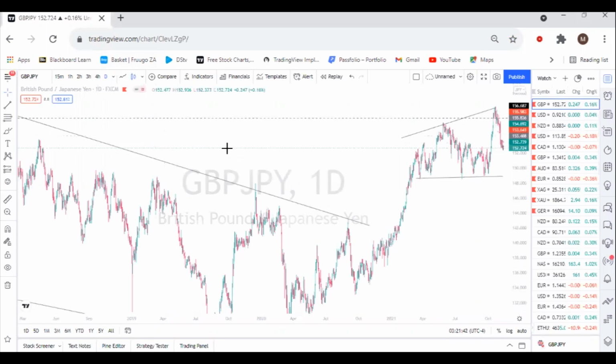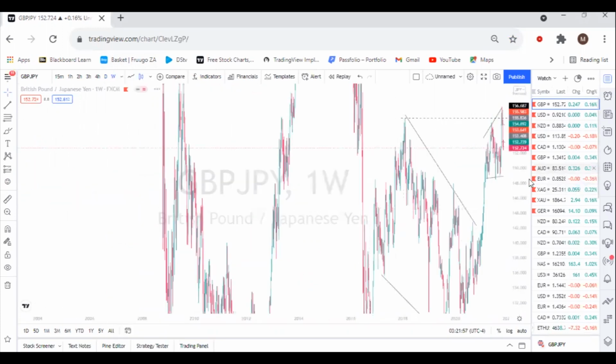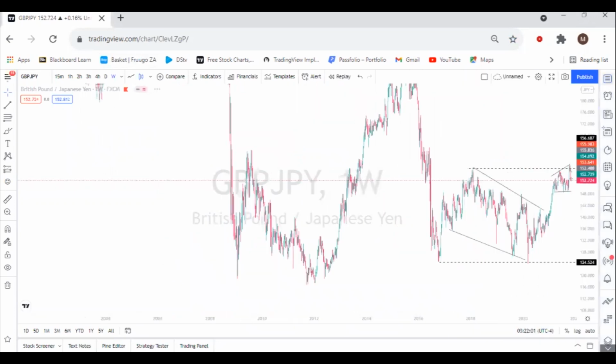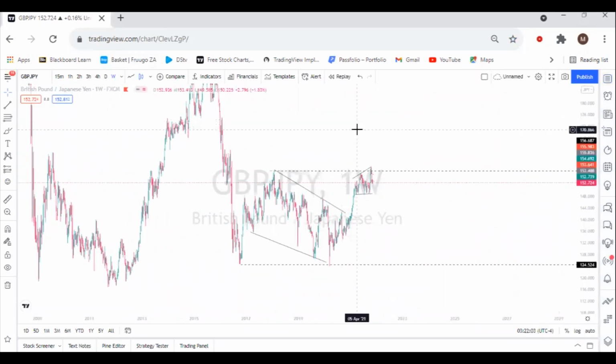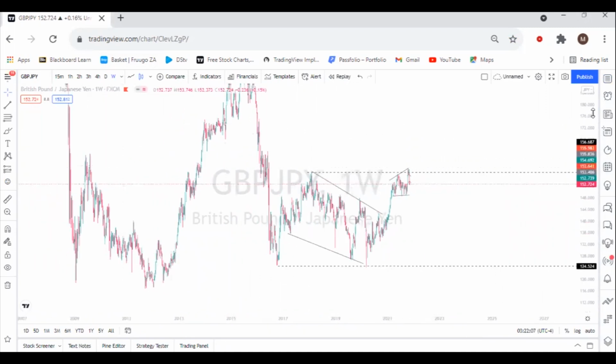Our first pair will be GBP JPY, and we are gonna go to the weekly time frame. Because every Sunday when you analyze, you need to take it from the weekly, because the week hasn't started yet. So once it's Monday, you can just start from the daily.